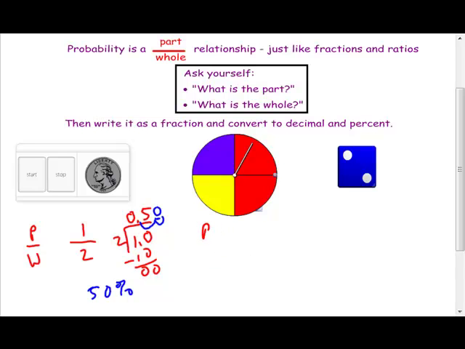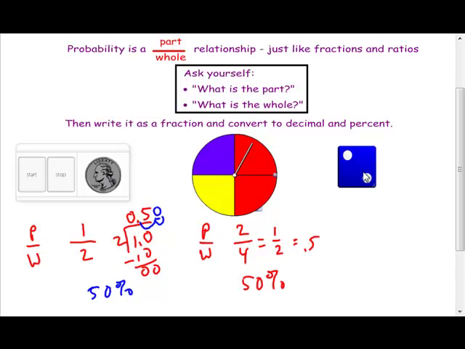So again, we have a part to whole relationship. We have 2 red parts, and we have 4 total parts. So it's 2 out of 4, and I can simplify that as 1/2, and for 1/2, we already have the answers: 0.5, and it equals 50%.